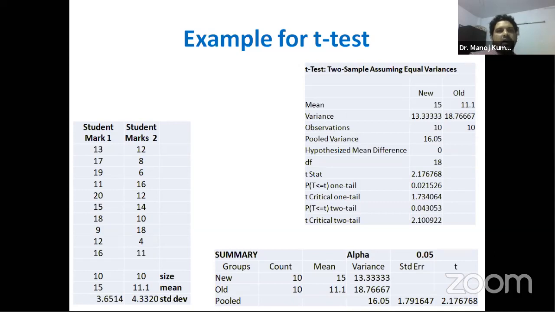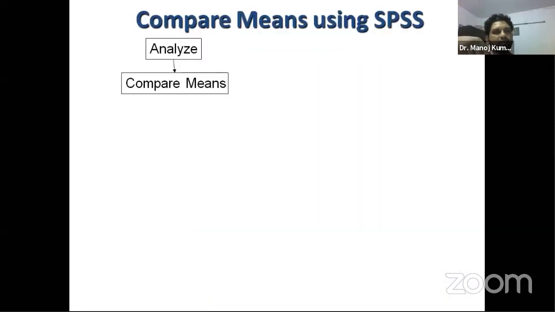How you can do this in SPSS, you can see in the next slide. It's also very easy. There are a few steps. You go into the menu-driven options like Analyze, then Compare Means, and it will ask you for a one sample t-test, two sample t-test, or paired.